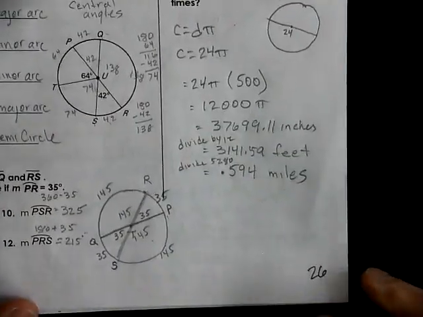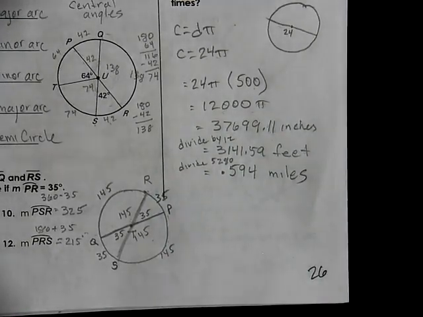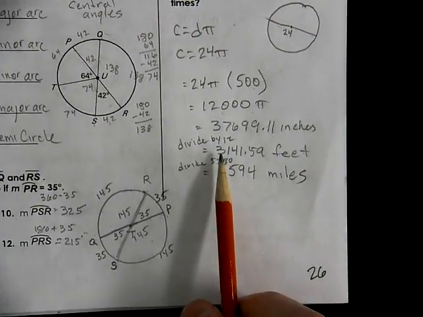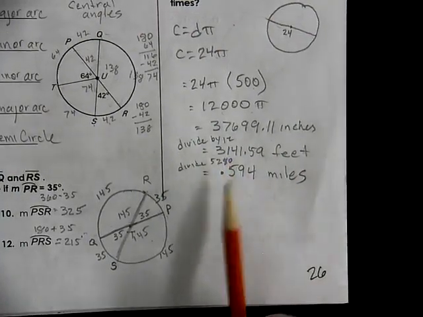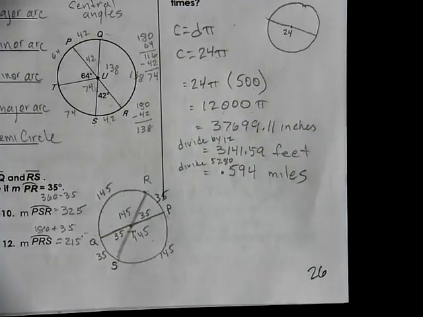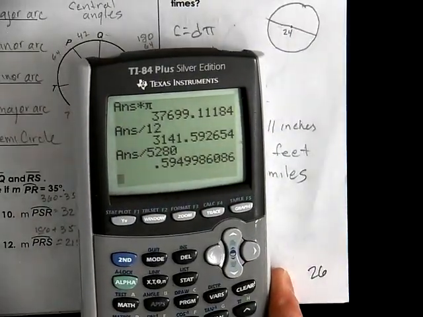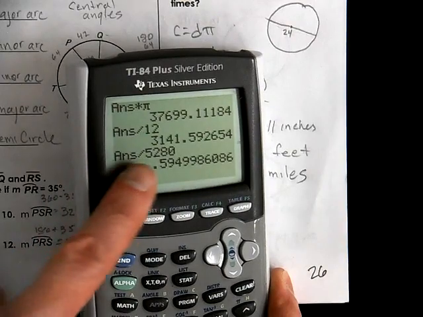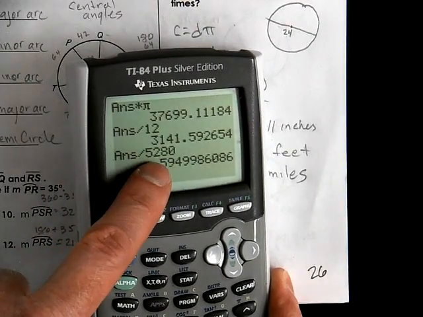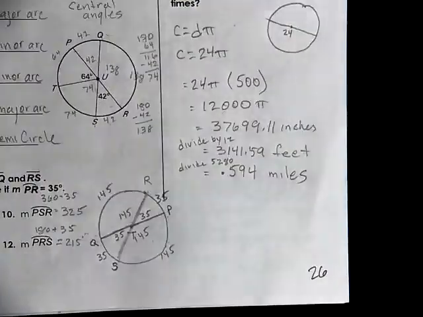And then I divided it by 5,280, because every group of 5,280 of those. Well, I don't have 5,000 feet. True, you don't have a mile. You have less than a mile. You have 0.59 of a mile. We took the answer and divided it by 12 and got 3,000, and we divided it by 5,280 and we got 0.594.